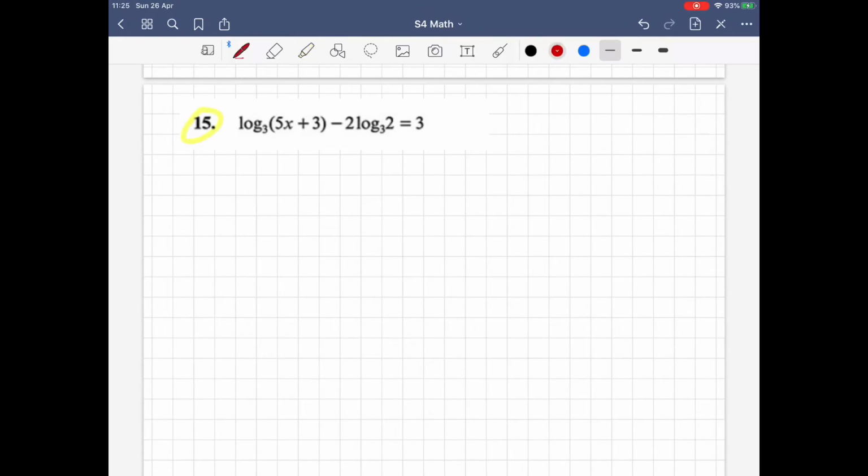Then let's take a look at question 15. So in this question we have log 5x plus 3 with base 3 minus 2 log 2 with base 3 equals to 3. So our first step, we will put the 2 back into the power.